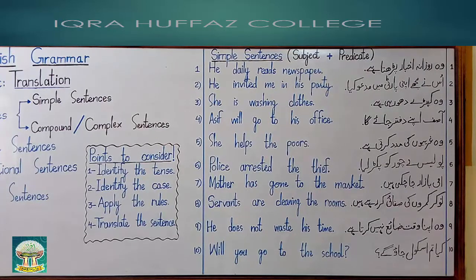Most of the adverbs can be placed at the beginning of a sentence, or in the middle before the main verb, or in the end. So an adverb can be placed at multiple positions. Here the word daily is an adverb. You can use daily before the main verb reads or in the end after newspaper. So the sentence will be he daily reads newspaper or he reads newspaper daily.